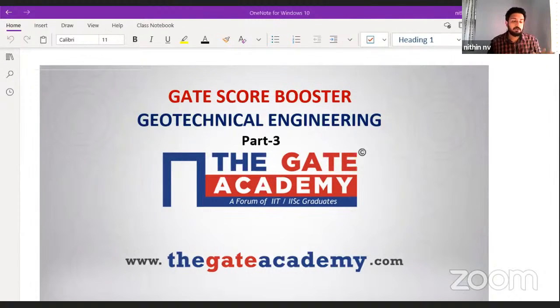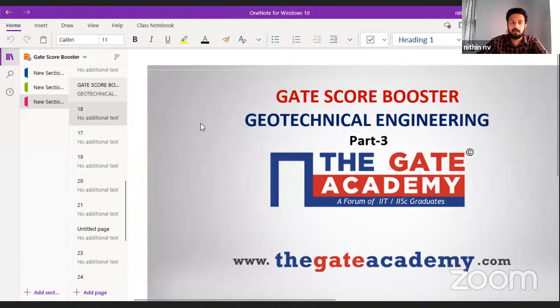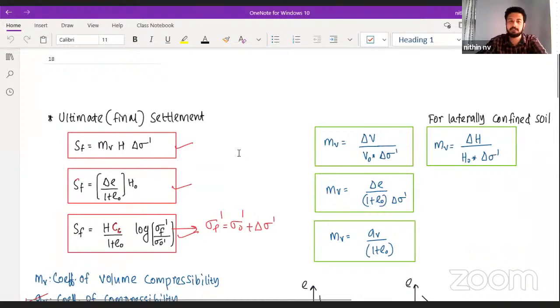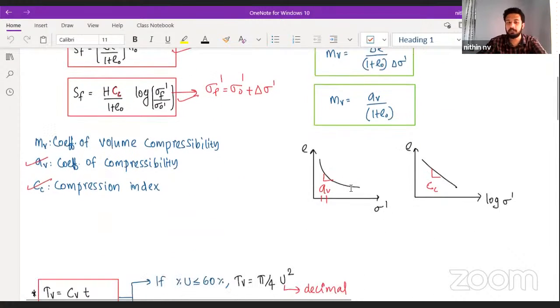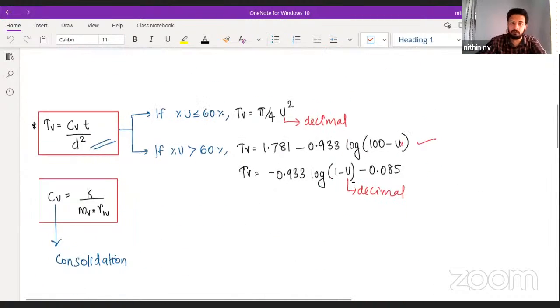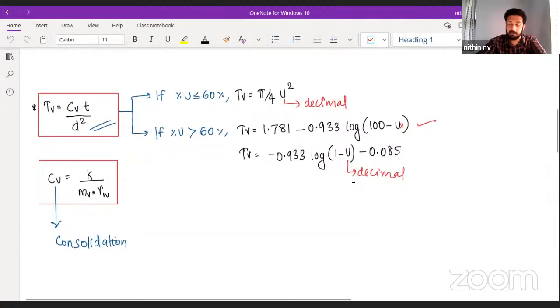Right. In the previous session, in part 2, we were discussing consolidation. We discussed many equations for the final settlement, the coefficient of volume compressibility and so on. I have shown you different equations, and we have done questions based on time factor Tv.